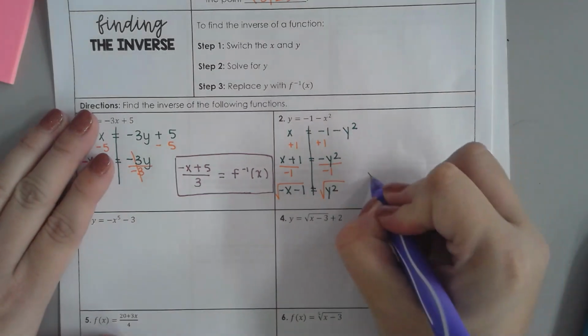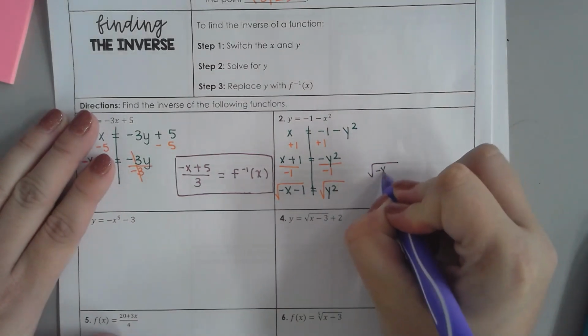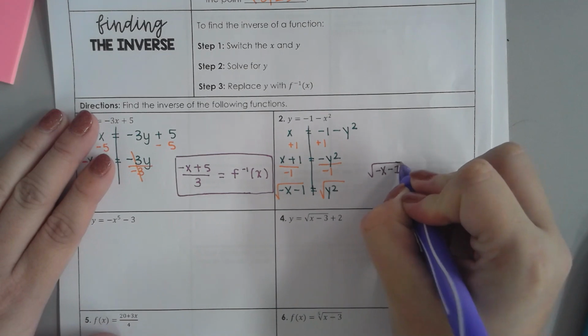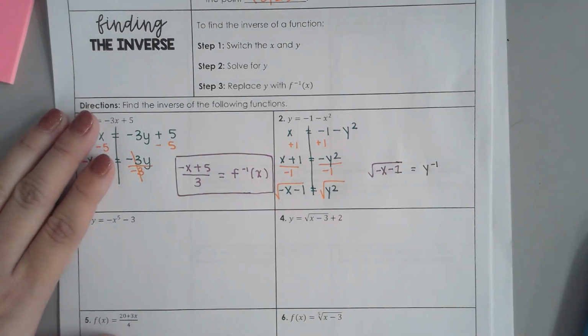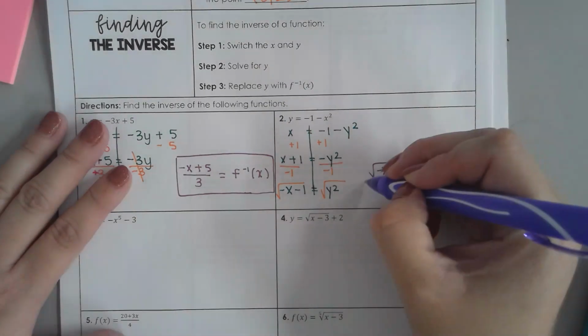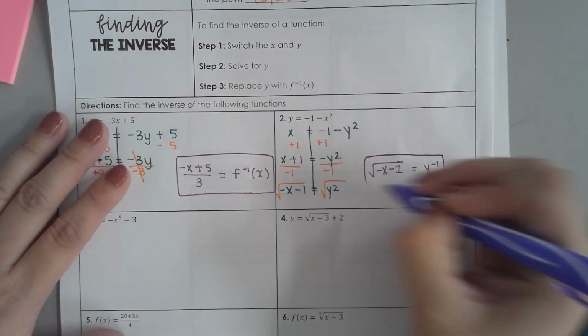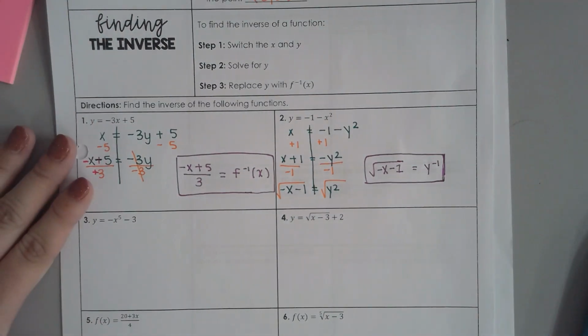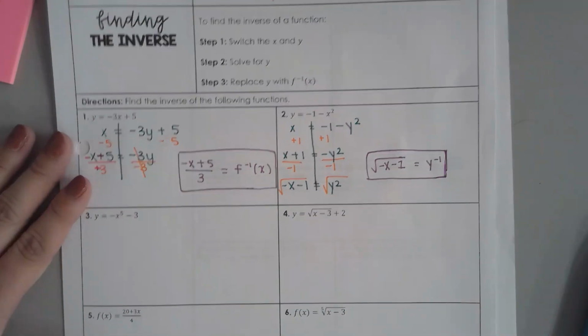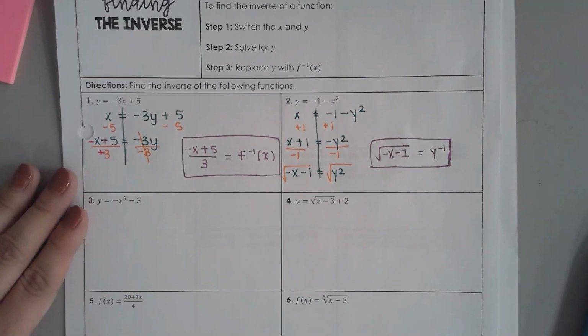So I have the square root of negative x minus 1 equals, you could put y inverse, you could put f inverse x. I really don't care. Any questions?